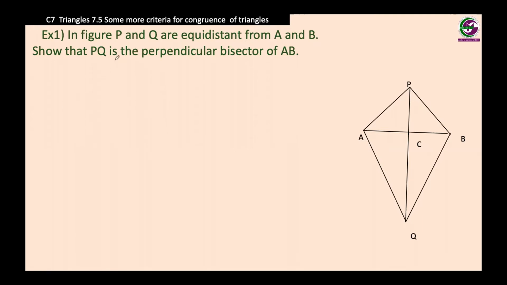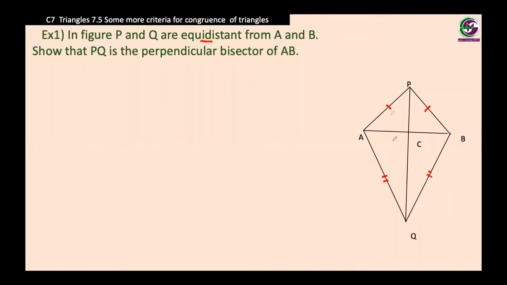Here we are given P and Q are equidistant. Equidistant means equally distant from A and B, which means side AP is equal to side PB. And Q is also equidistant, which means side AQ is equal to side BQ.